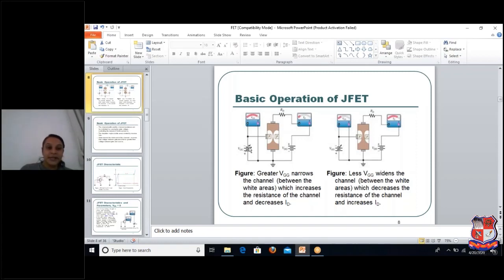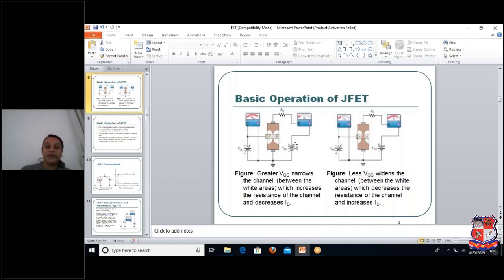This arrow indicates that whenever your VGS equals 0 and you increase the VDD voltage, the electrons in the N channel flow from source to drain, and from the drain go to the positive terminal of the battery, right?